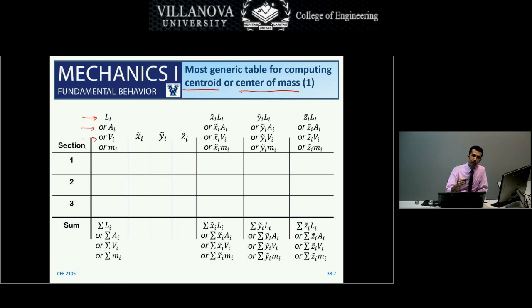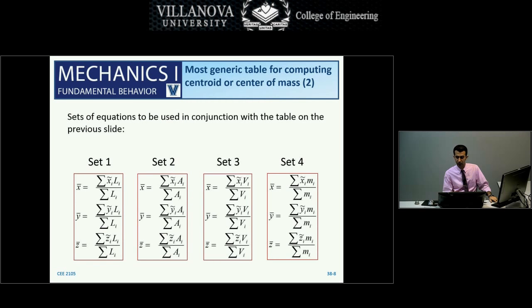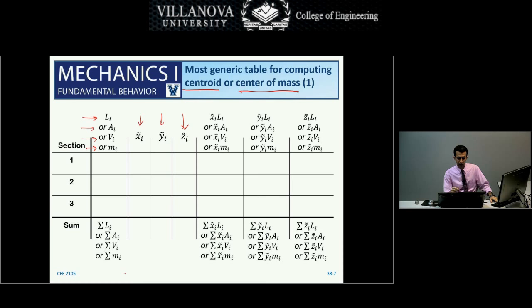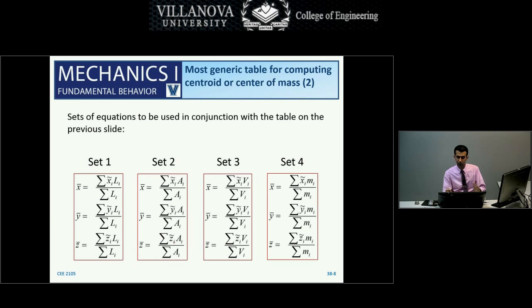That's something you have to decide, and of course which columns you're going to need. But eventually you know how to use a table like this, and this table goes with the set of equations that you can see on the next slide. This whole package is for finding the centroid and center of mass for composite bodies.